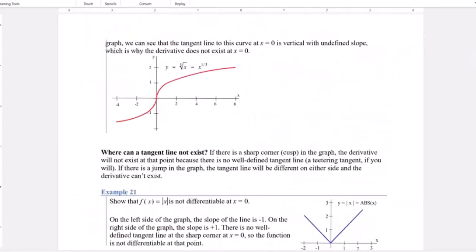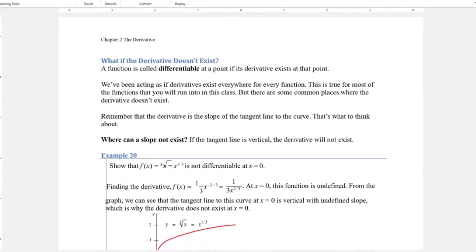And in our finale, okay, so what if the derivative doesn't exist? A function is called differentiable at a point if its derivative exists at that point. We've been acting as if derivatives exist everywhere for every function.